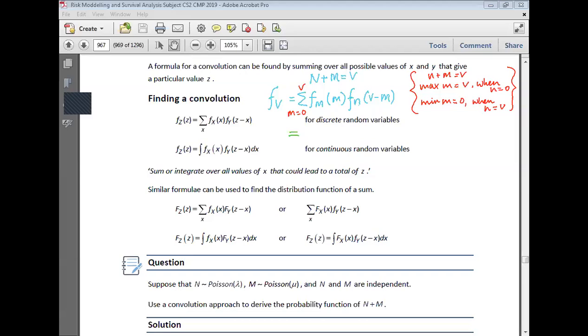So what should I substitute over there? Can someone dictate what I should be writing next?